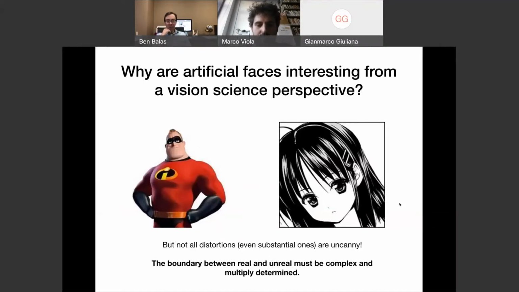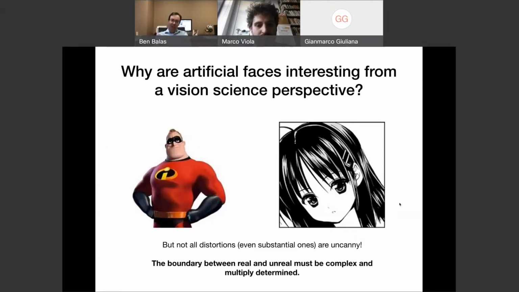And they are much more distorted relative to a real human face than that image I just showed you in the previous slide. But somehow what we're doing to these images in making the outline of the head a different shape or the eye size much different than it should be doesn't lead to that same feeling of grotesqueness and that unsettling feeling that rules the stimulus out as a face.